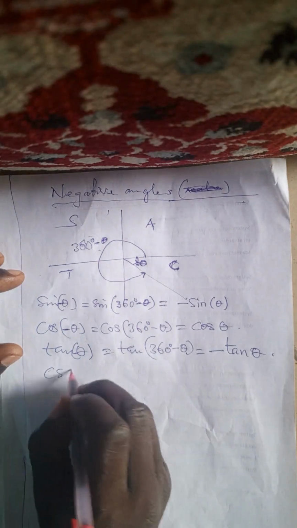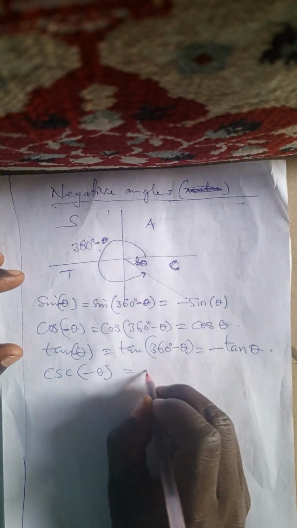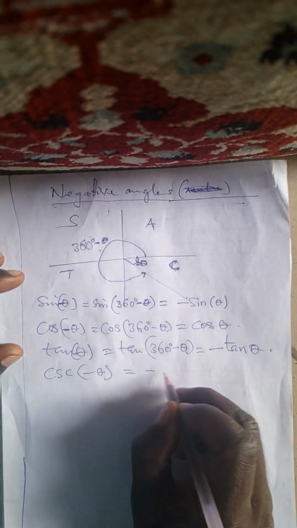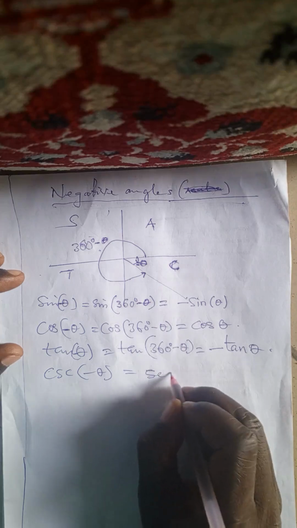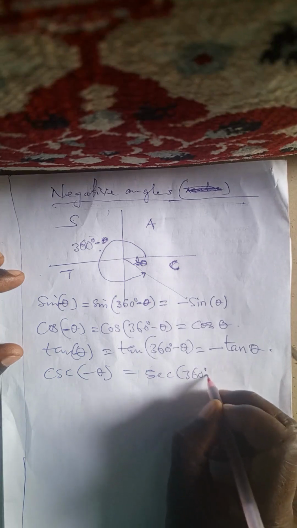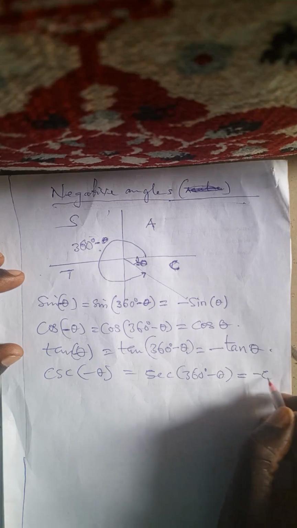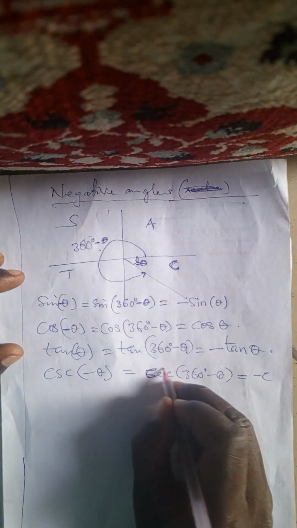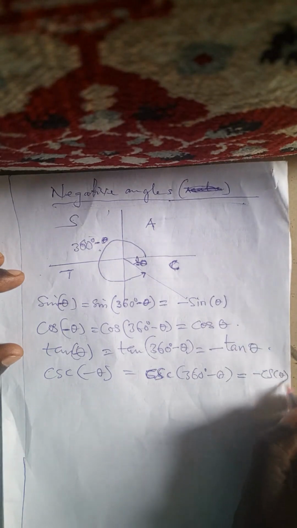So we have cosec of negative theta. This is going to be the same thing as minus cosec theta.